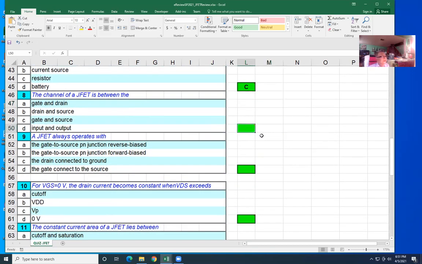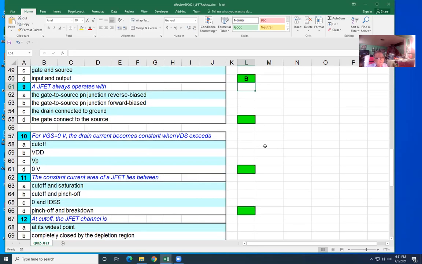Now, this number, the channel of a JFET is in between the drain and source. B. You see that is just coming out from the handout.